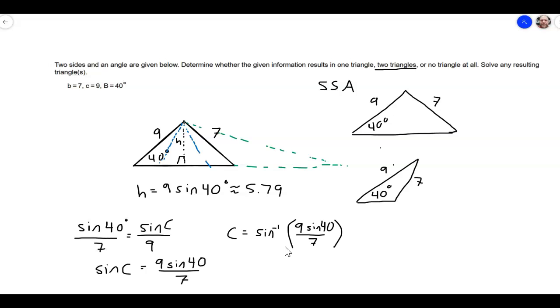We have to look at the one that we're going to get here, plus we also have to subtract the one we get here from 180 and look at that one as well. And since we know that we're going to have two triangles, then we're also going to know that both of those angles are going to give us triangles here. So let's go ahead and figure this out.